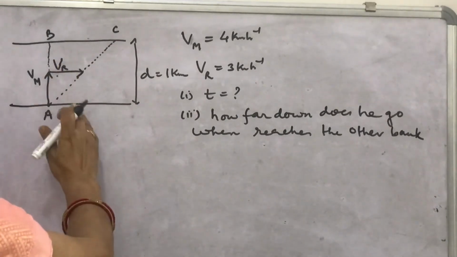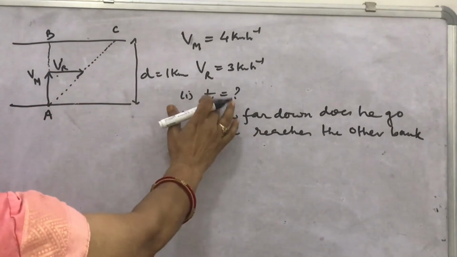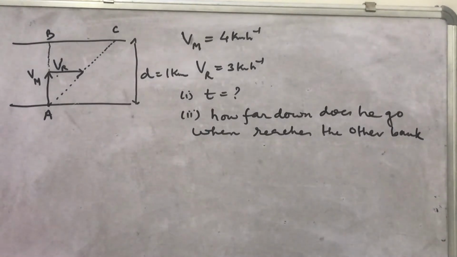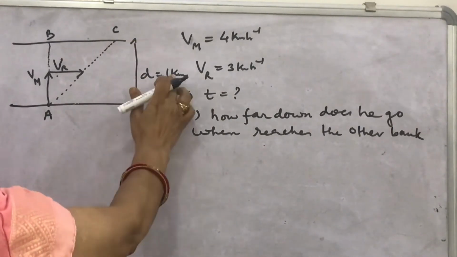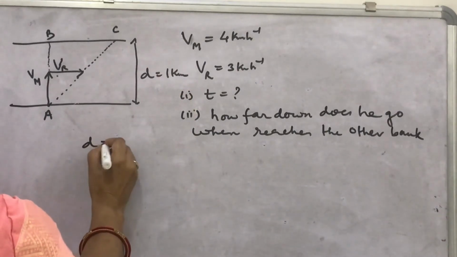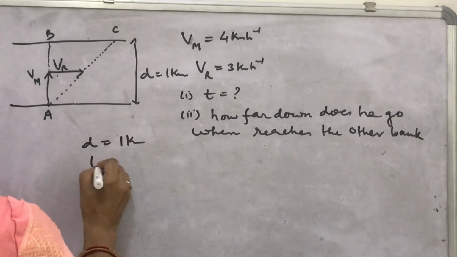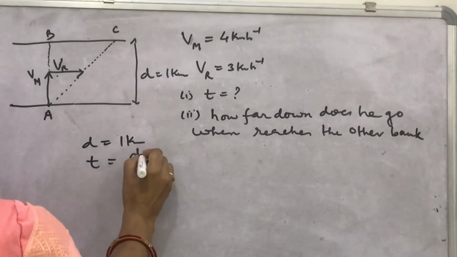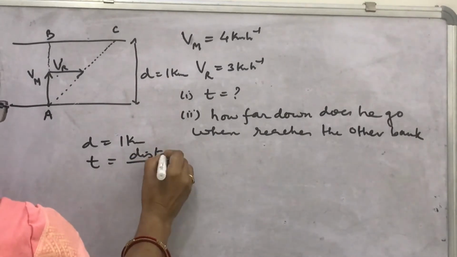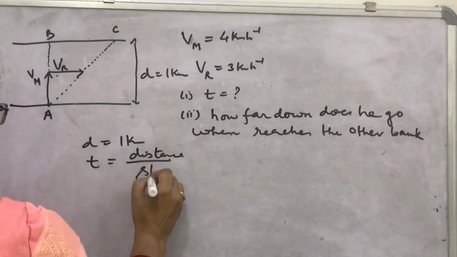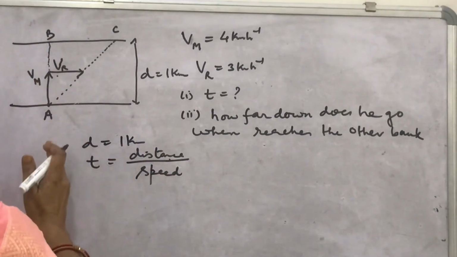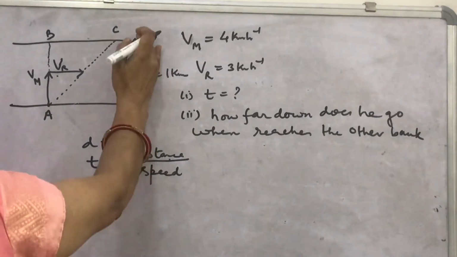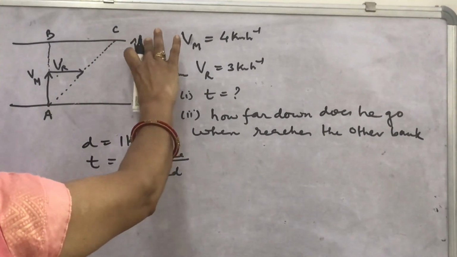Look here, how long does he take to cross the river? What is the width of the river? D, 1 kilometer. So if D is equal to 1 kilometer, then time T equals what? Distance upon speed, the speed in the direction in which you have taken the width, that is, to cross the river.